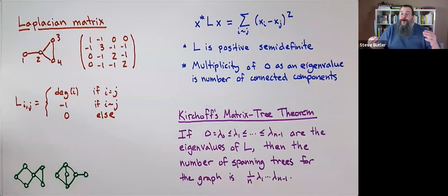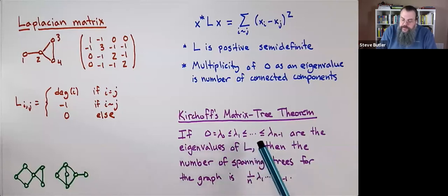But of course, probably one of the most famous results is Kirchhoff's matrix tree theorem. It says the following. Suppose our eigenvalues, we know the first one is 0. It's 0 equals lambda 0, less than or equal to lambda 1, and so forth, are the eigenvalues of our Laplacian. Then the number of spanning trees for the graph is 1 over n, lambda 1 up to lambda n minus 1.